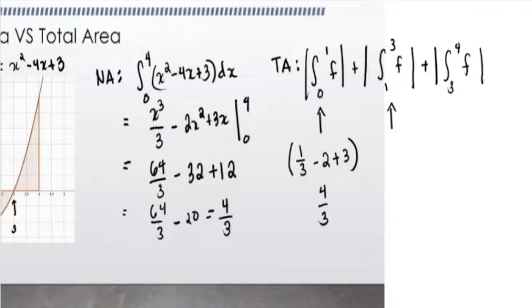This one is going to be 81 over 3 minus 18 plus 9.